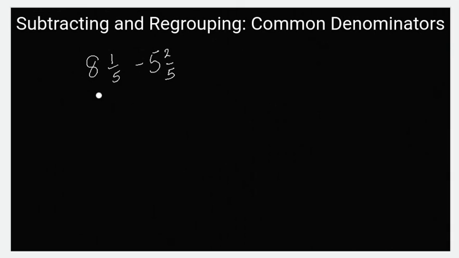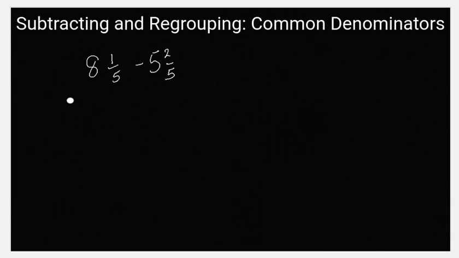All right, so they're both mixed numbers, but we still have that same problem. The numerator of the second fraction is greater than the numerator of the first fraction, so we can't go ahead and subtract. The numerator of the first fraction has to be greater than the numerator of the second fraction if we have to subtract. So due to that reason, we would have to regroup this first mixed number.